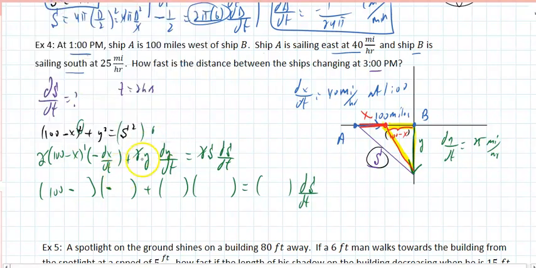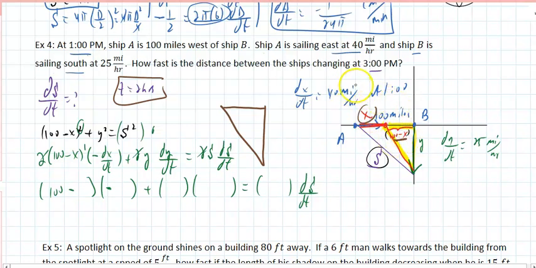Let's see. In 2 hour time, my triangle looks like this: this is x, this is 100 minus x, but this is traveling at 40 miles per hour. So in 2 hour time it covered 80. That makes this a 20. And this is traveling south at a rate of 25 miles per hour.